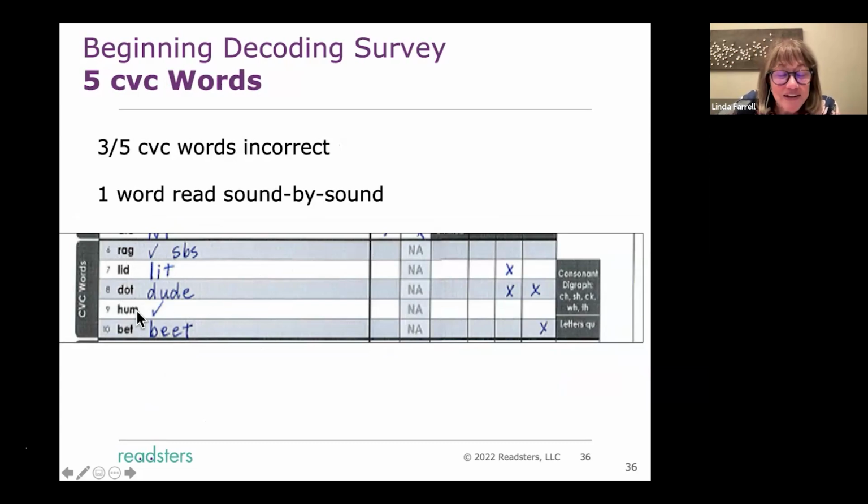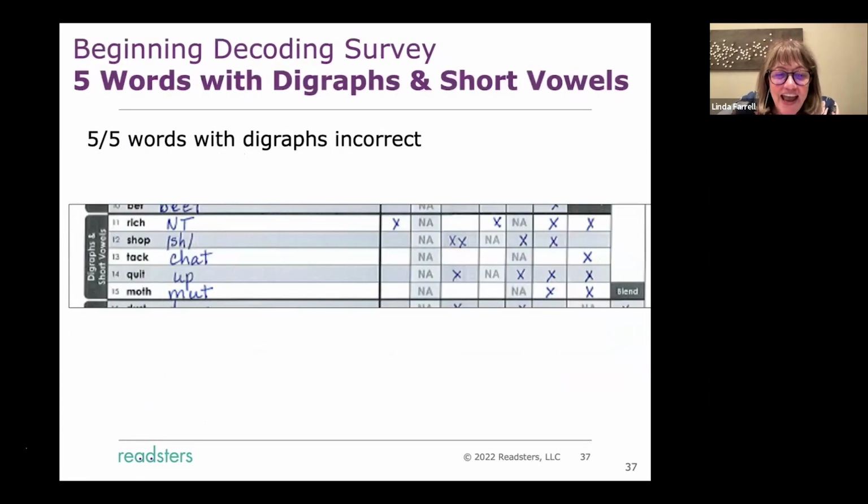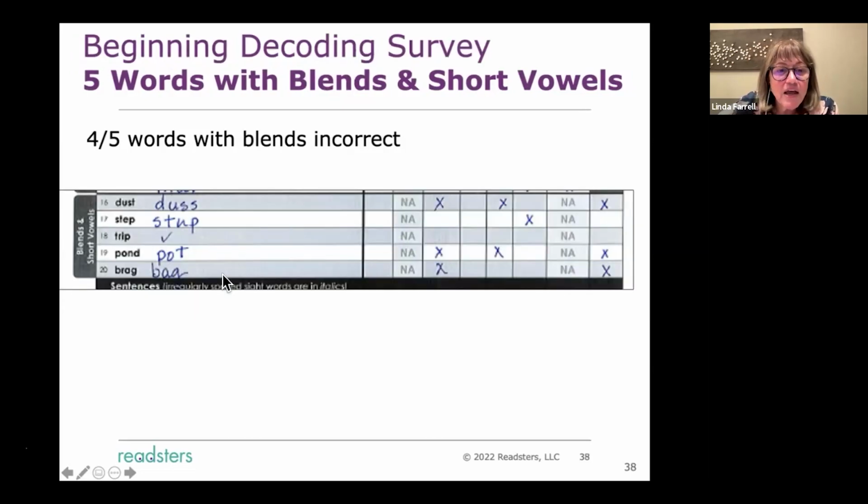Hum, he read correctly for some reason, and bet he read as beat. We analyzed the errors and we found that he has short vowel problems very clearly. And then we had him read words with digraphs, and he didn't get any of those correct. We had him read words with blends, and he got one of those words correct.